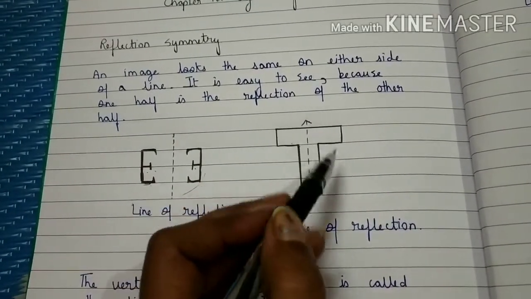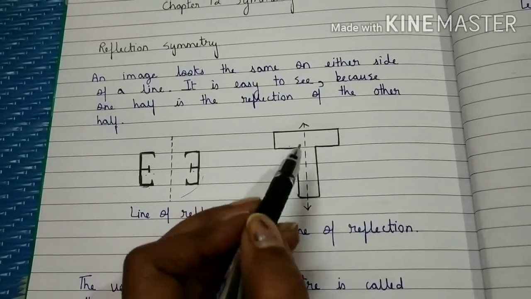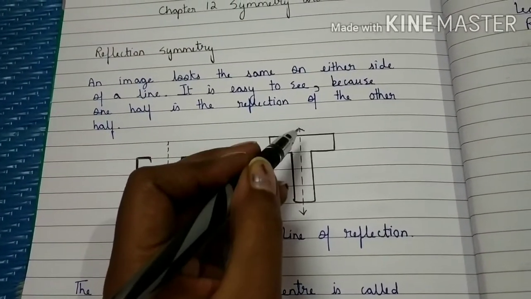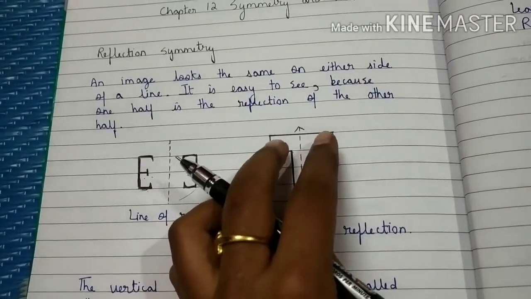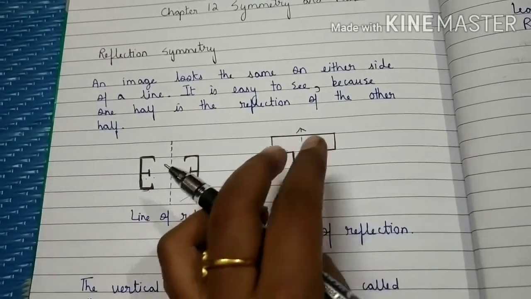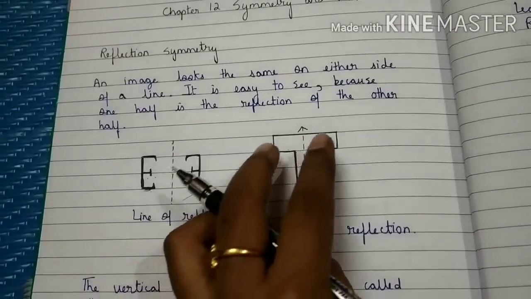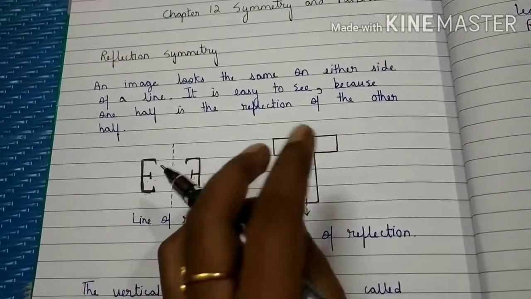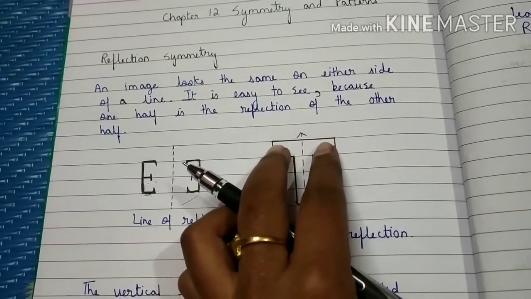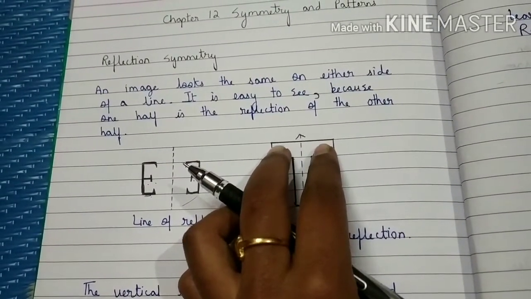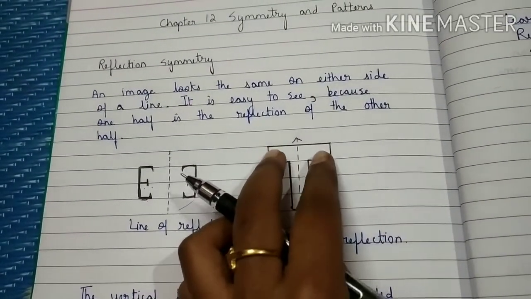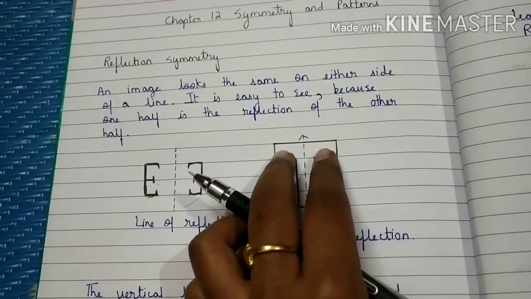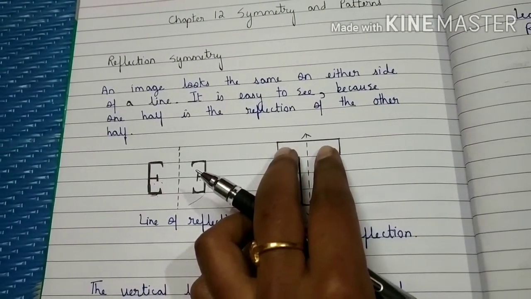Now students, look at this figure. This is a figure of T. And in the middle I have drawn a dotted line. This line divides the figure into two equal parts. When you look at both sides of the line, you will notice that both sides look the same. They are facing each other and similar to each other.